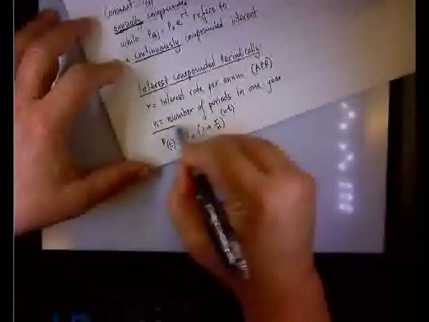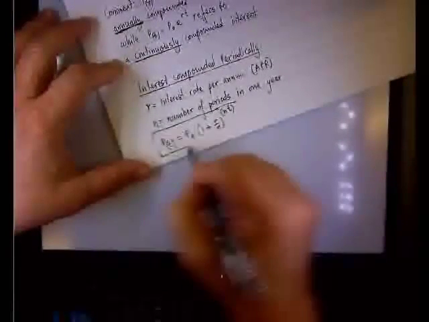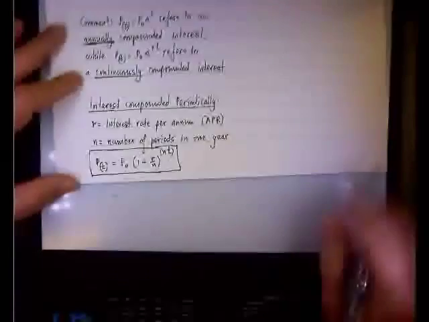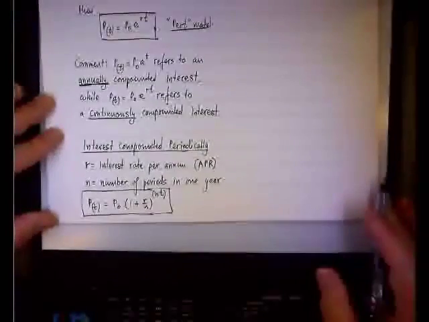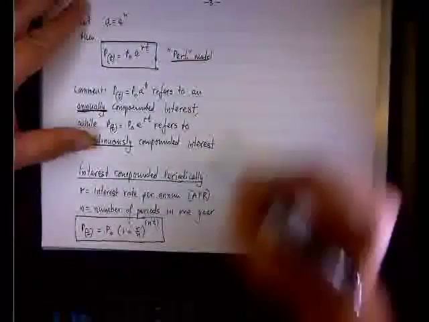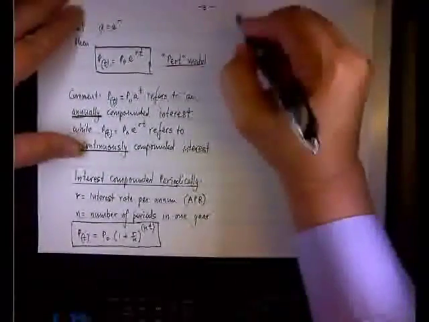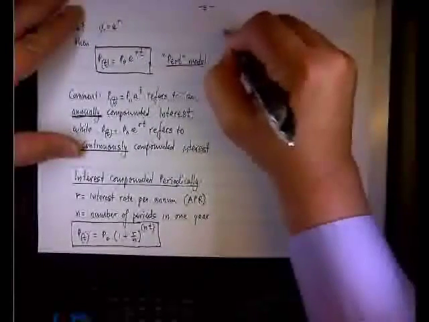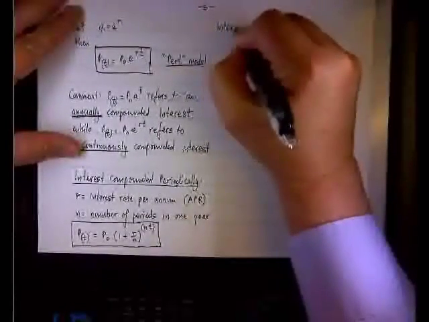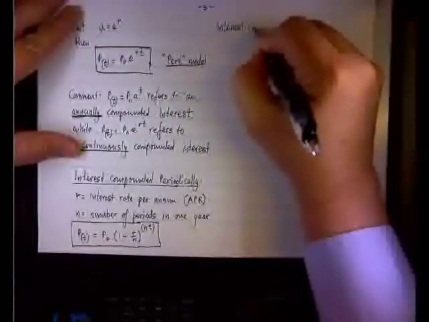Like so. For instance, if we compound it monthly, then at 8%, r will be 0.08 and n will be 12. Right? So the title will be interest compounded continuously.